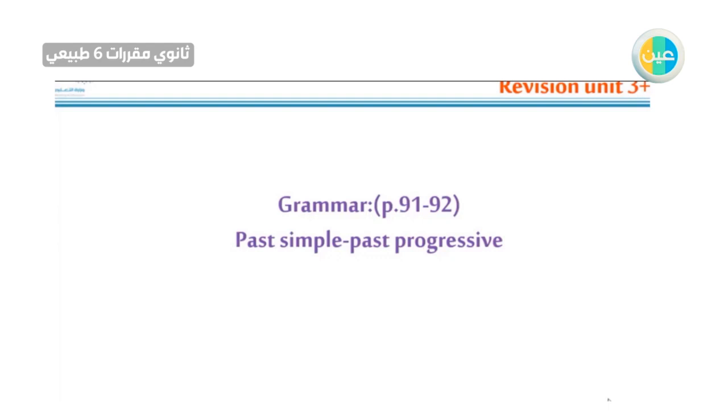And stative verbs like believe, think, like, love, hate. These verbs are stative. So with the stative verb, we don't use progressive. They cannot be in the progressive tense.